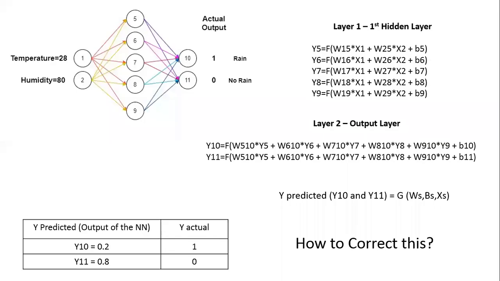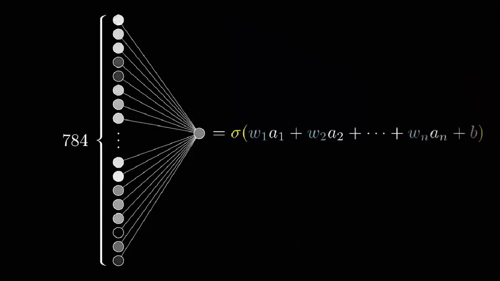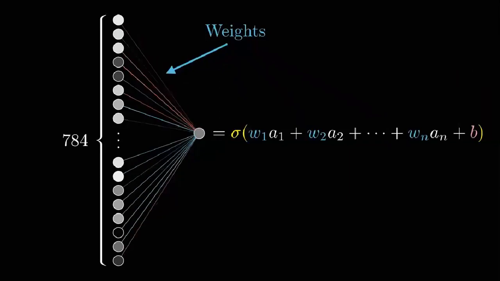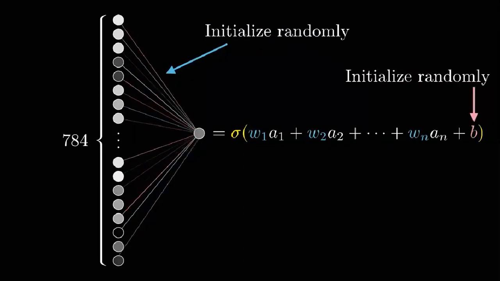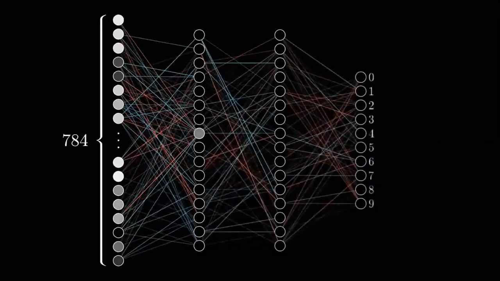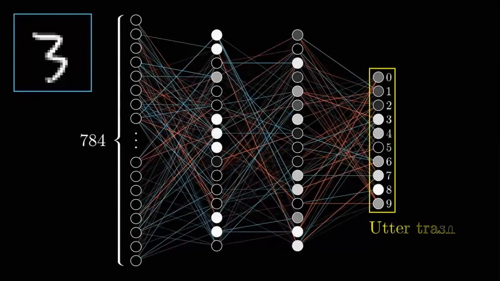And to start things, remember, conceptually, we're thinking of each neuron as being connected to all of the neurons in the previous layer, and the weights in the weighted sum defining its activation are kind of like the strengths. The bias is some indication of whether that neuron tends to be active or inactive. And to start things off, we're just going to initialize all of those weights and biases totally randomly. Needless to say, this network is going to perform pretty horribly on a given training example, since it's just doing something random. For example, you feed in this image of a 3, and the output layer just looks like a mess.